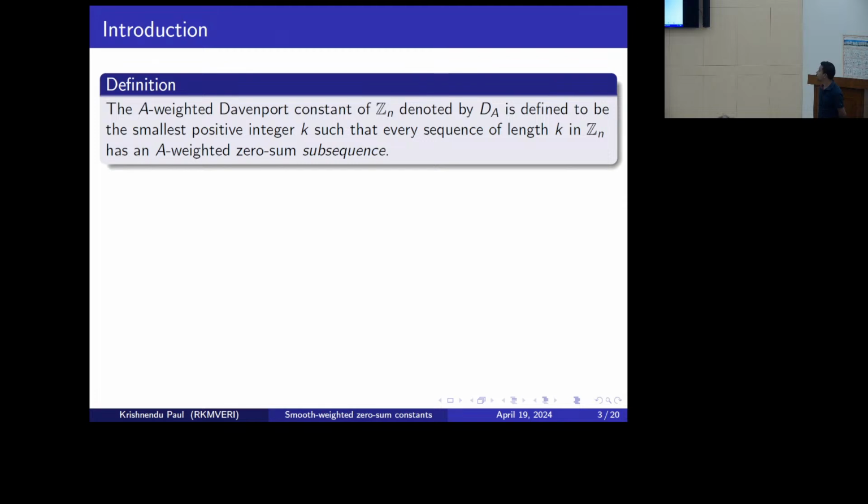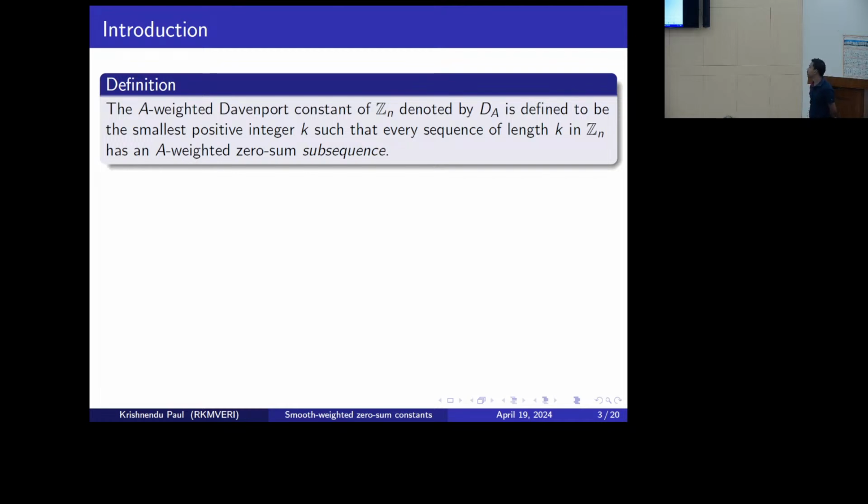Next, we will consider the weighted version, like in other areas also. Here Adhikari sir and his collaborators first started the weighted version. The definition is almost similar.